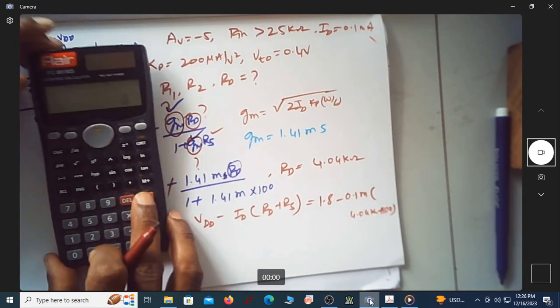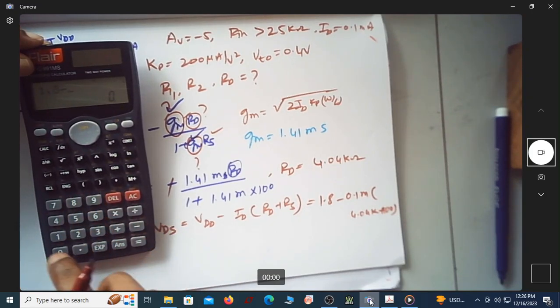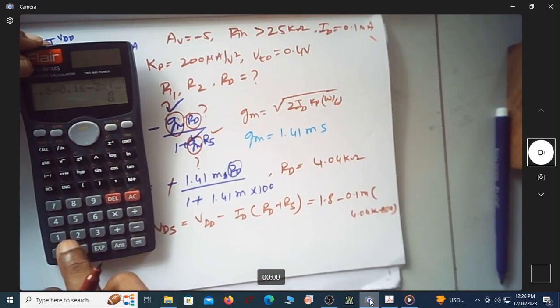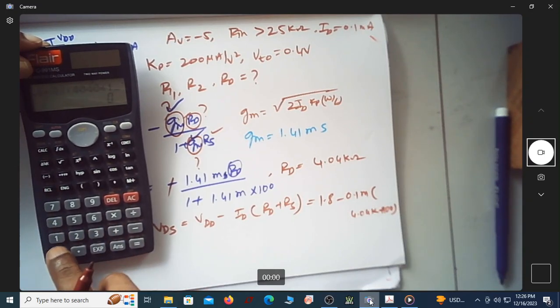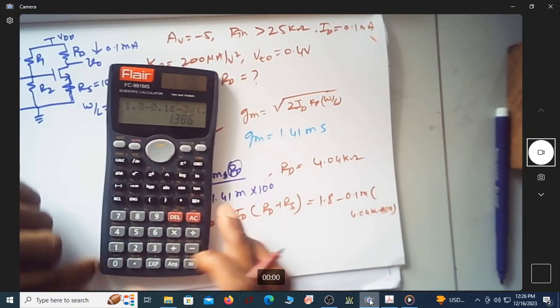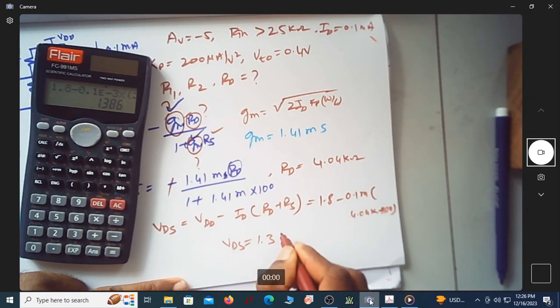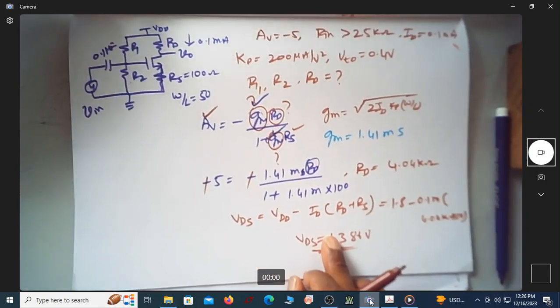So this is 1.8 minus of 0.1 exponential minus 3 into 4040 plus 100. I can close it and equals, VDS is 1.386 volt. So this is certainly more than VDS sat.